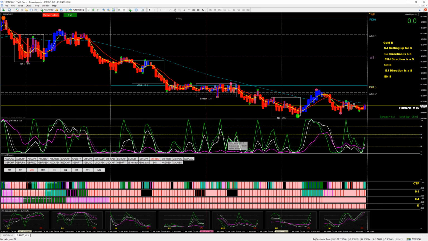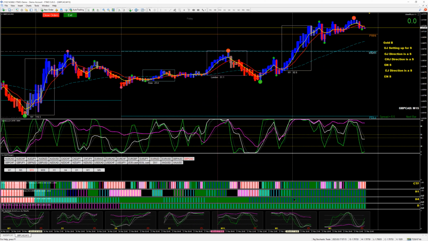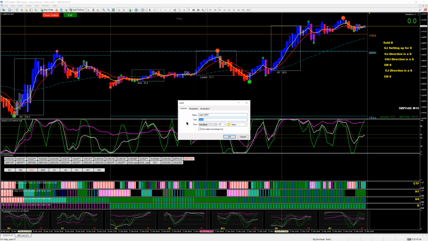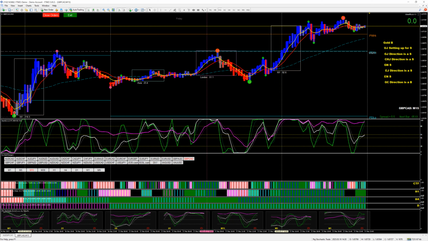Next one after that is a Pound CAD. Pound CAD direction is a buy. Then pound dollar.